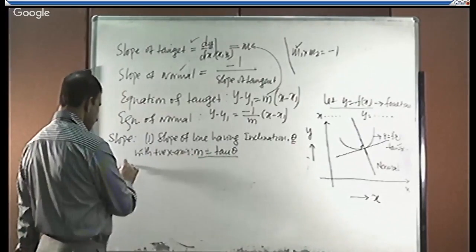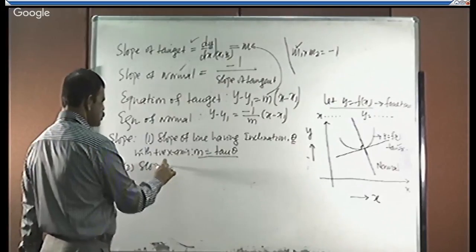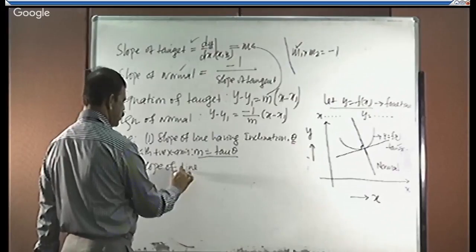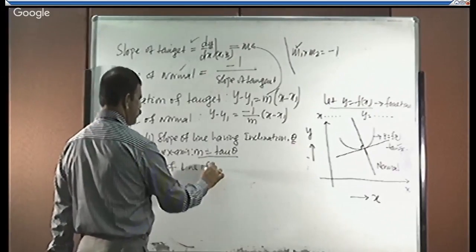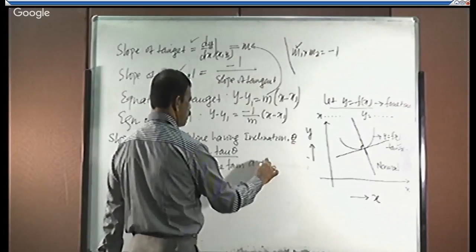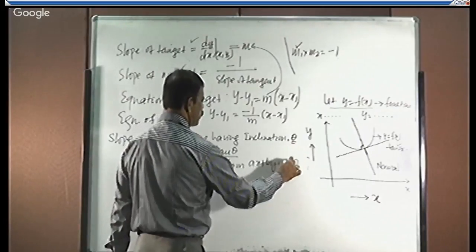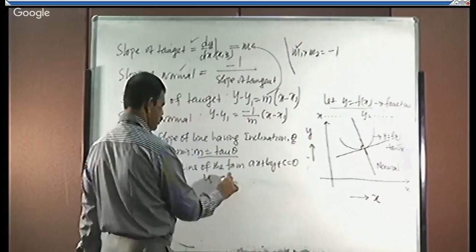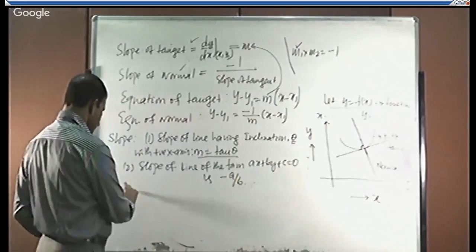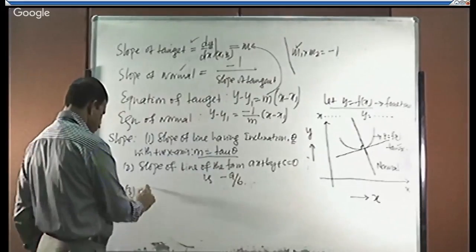Second, the slope of a line of the form ax plus by plus c is equal to 0 is minus a by b. We have to remember all these points.